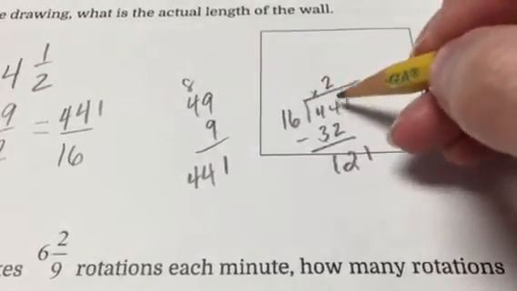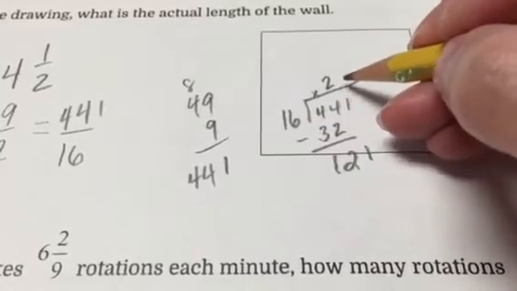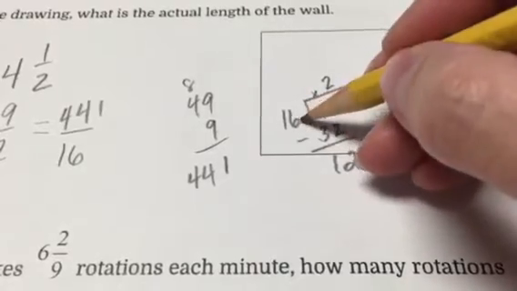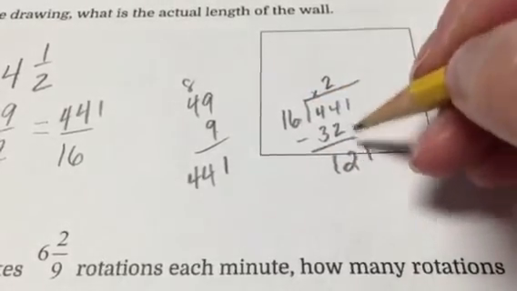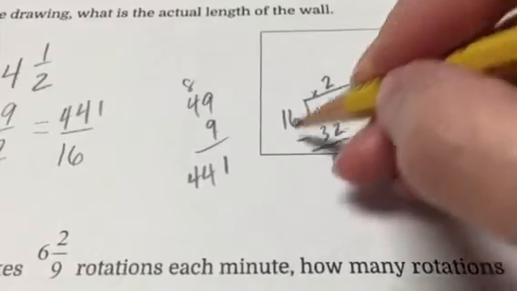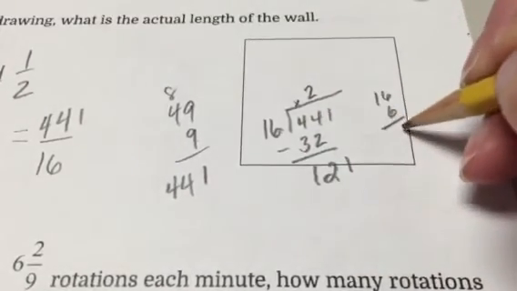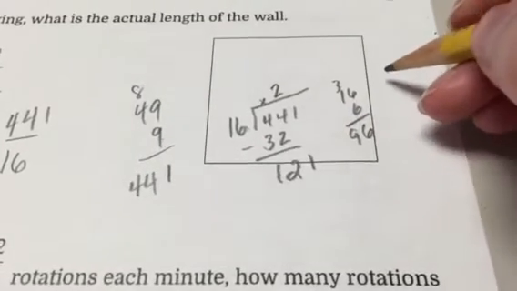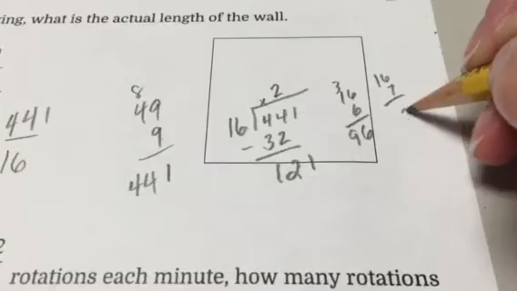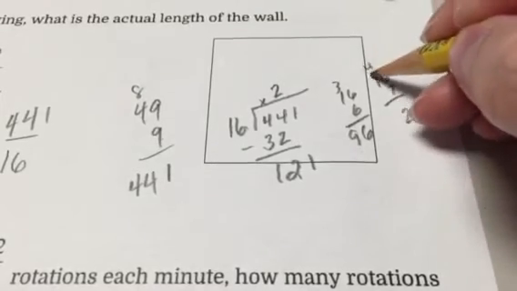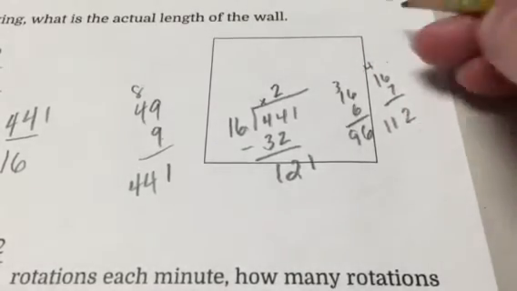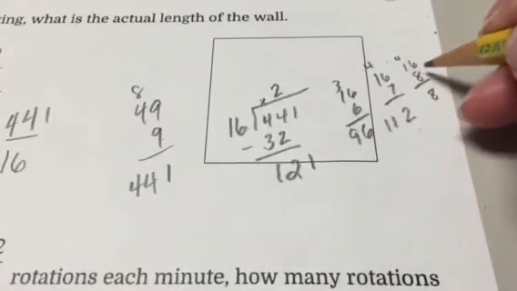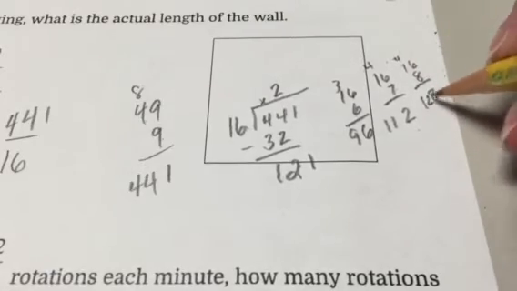And then 16 times, let's see, that's about 20. Let's try 16 times 6. That's only 96, so I'm going to try and go higher. 16 times 7 would be 112. Let's see if we can get any closer with 8. 8 times 6 is 48. Oh, now I'm over.